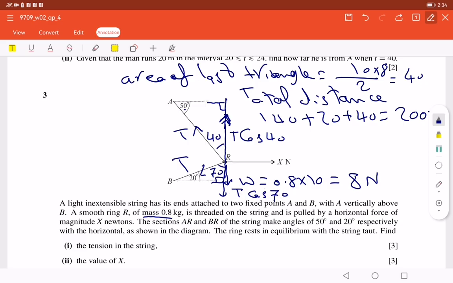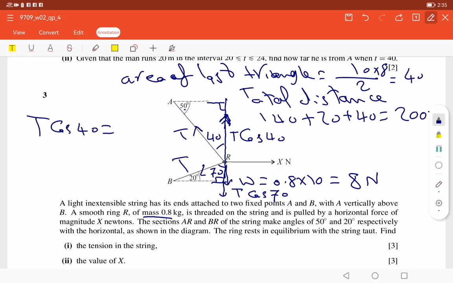Is it okay? By this way, we can say all forces upward equal all forces downward. What does it mean? It means that the force vertically upward, T cosine 40, equals what?